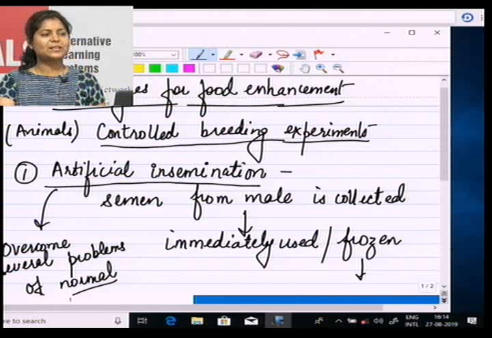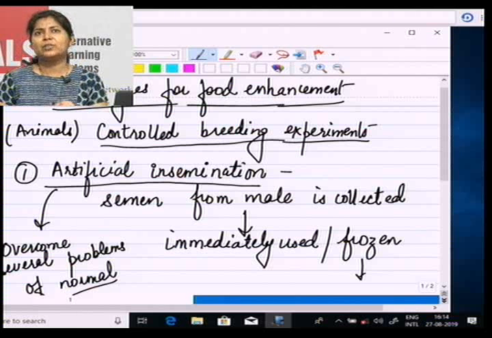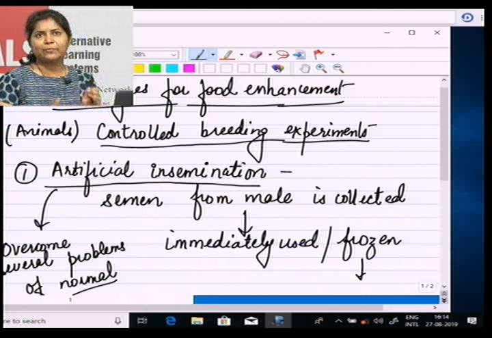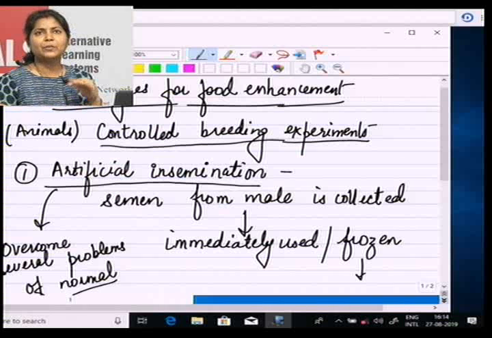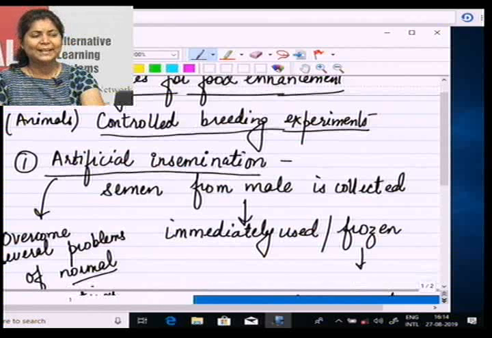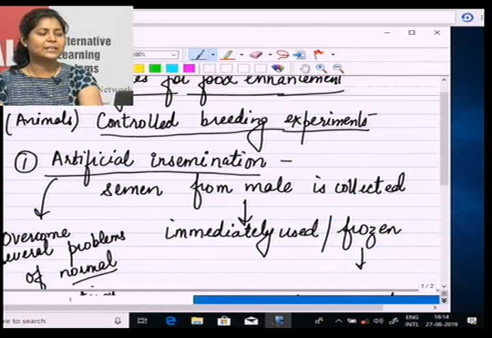So what we were discussing is strategies of food enhancement. Let me revise for the latecomers. Different strategies are followed, and one part of the strategy is controlled breeding experiment. The first program under controlled breeding experiment is artificial insemination.